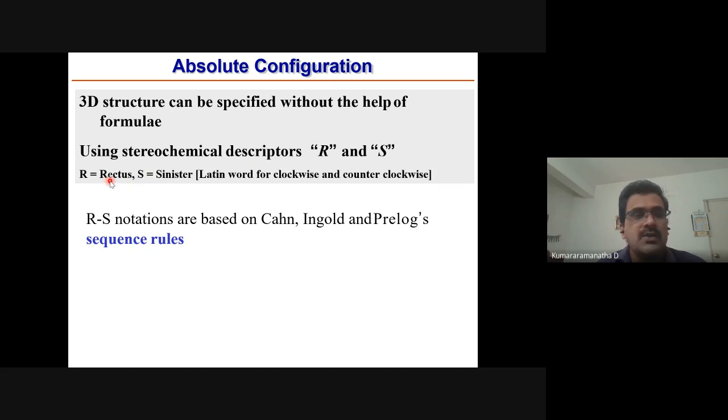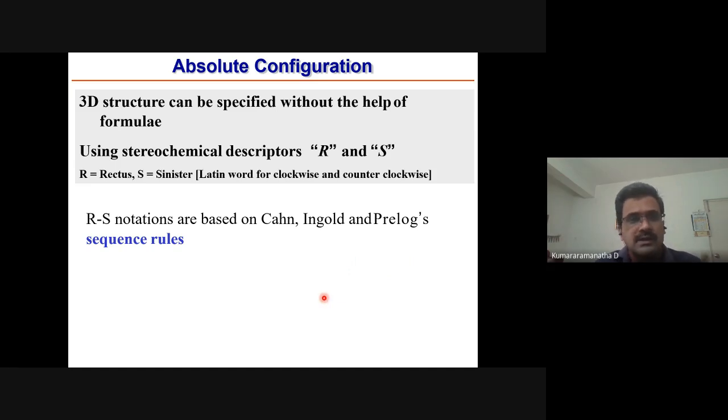R means clockwise, S means counterclockwise, and this RS nomenclature essentially originated from Cahn, Ingold, Prelog. So even this part we have discussed, and these are the important sequence rules by which you can create absolute configurations.